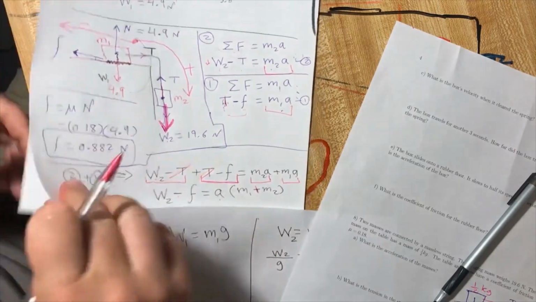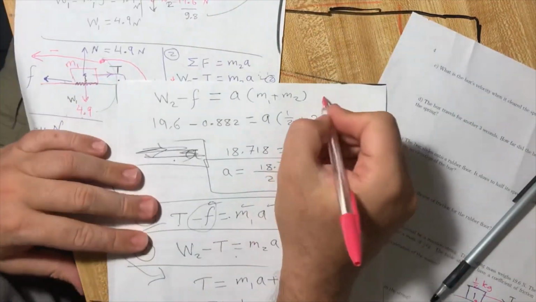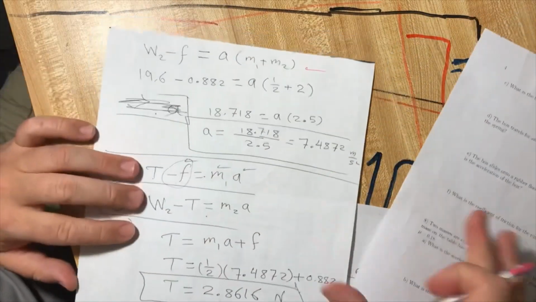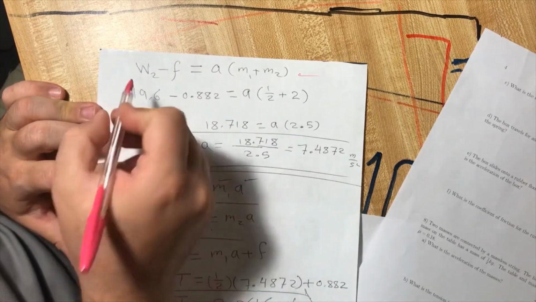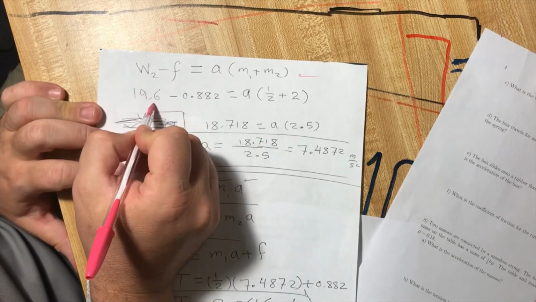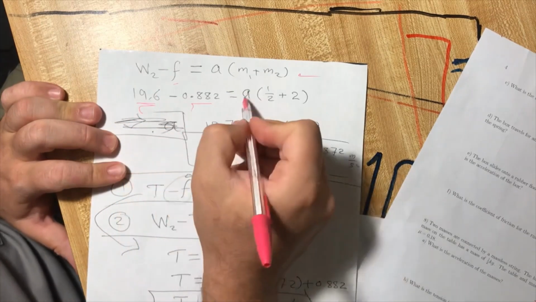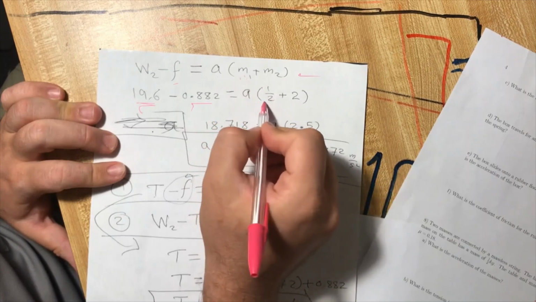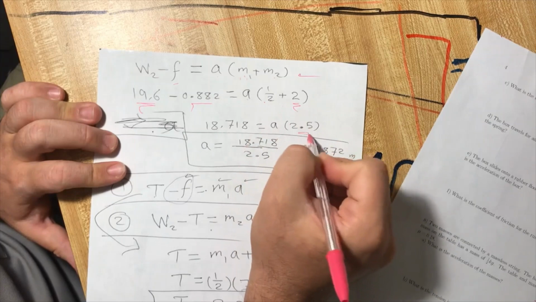Okay. Now I have this last equation, and I need to compute the acceleration. The weight of the second object is 19.6. The friction force is this. The acceleration is multiplied by half, which is the first body mass, plus the second body mass, which gives 2.5.